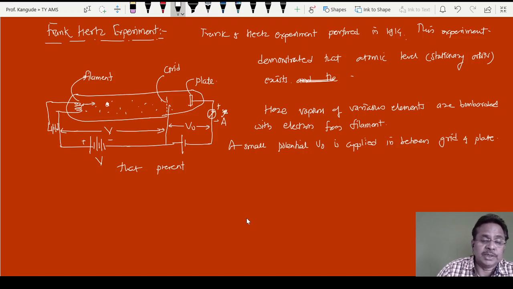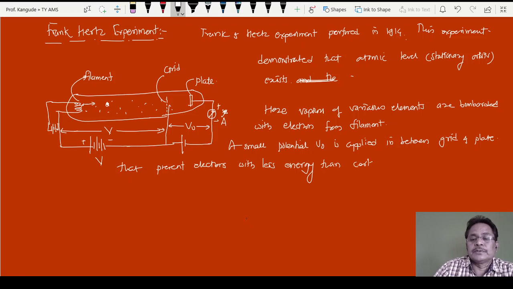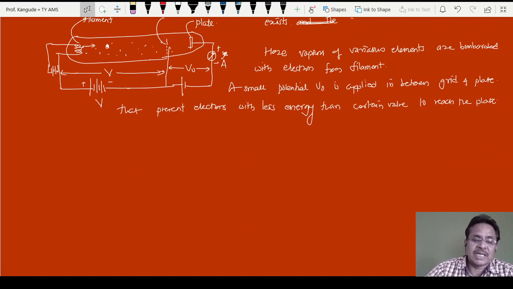That's the functioning of the grid. All electrons are not required there.